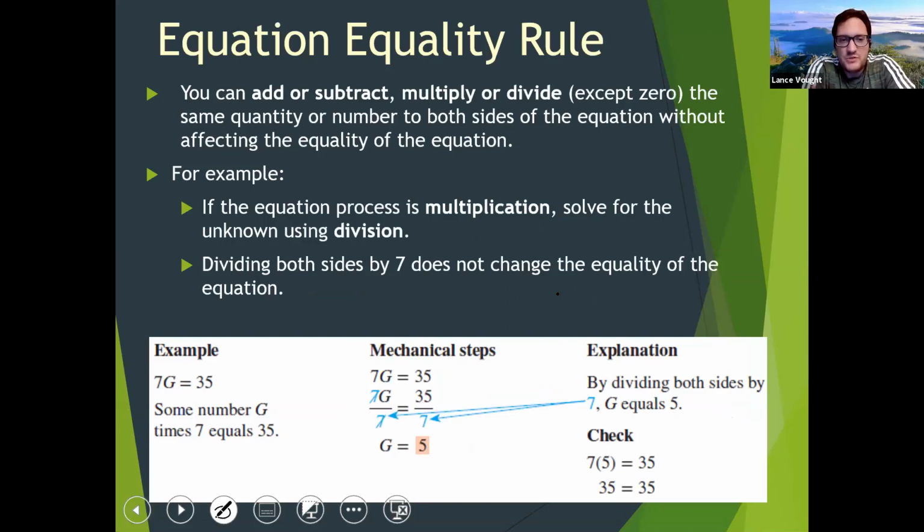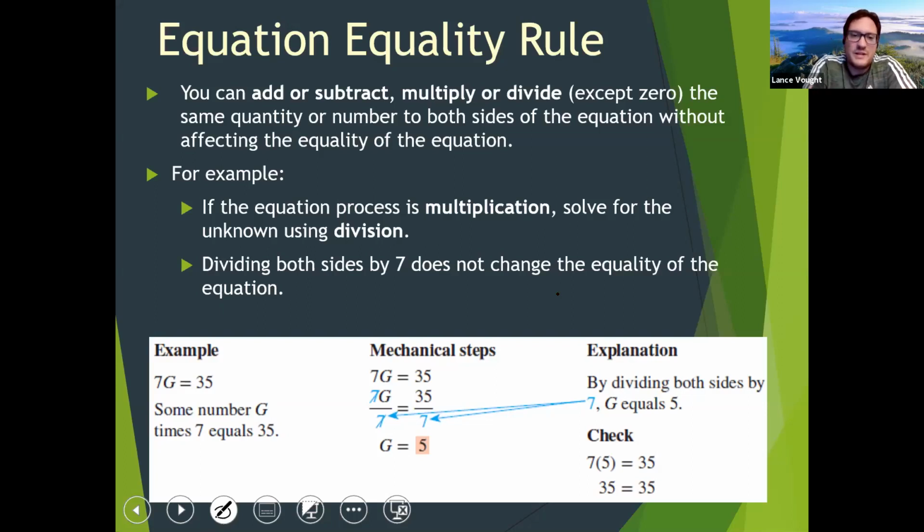So when it comes to equation equality, you can do these operations to both sides. So in a way, this is kind of just the opposite process rule. But what it's saying is that you can multiply by scalars as long as you're consistent.